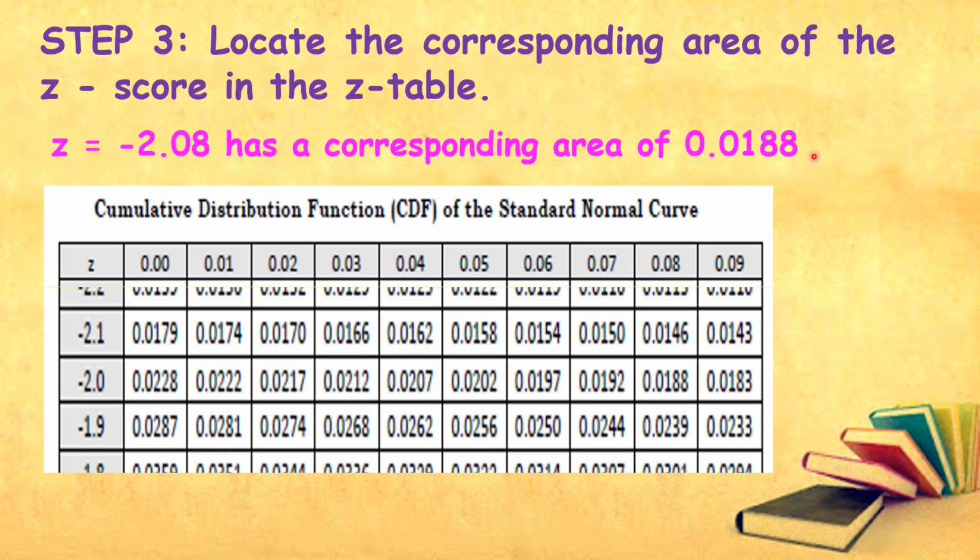So, first, locate natin yung first two digits, negative 2.0 dito sa leftmost column. And then, yung third digit, 0.08, dito natin nahanapin sa top row. So, ayan siya. And then, kunin natin yung kanilang intersection. So, that is 0.0188. So, that is step 3.